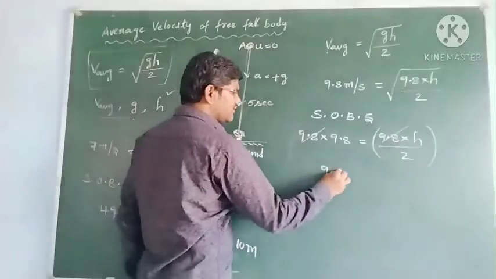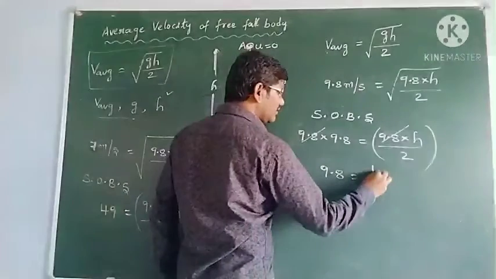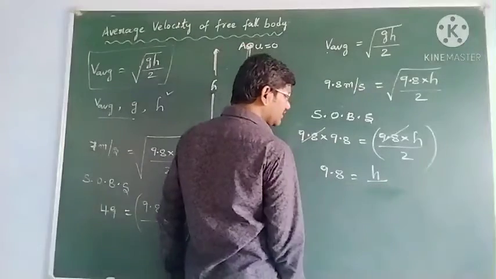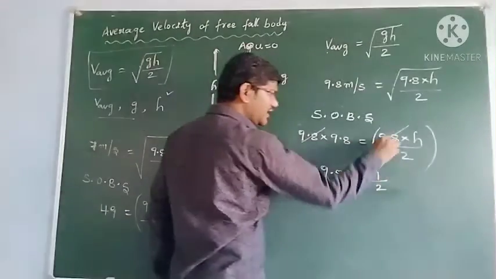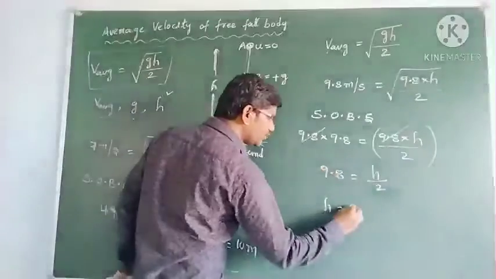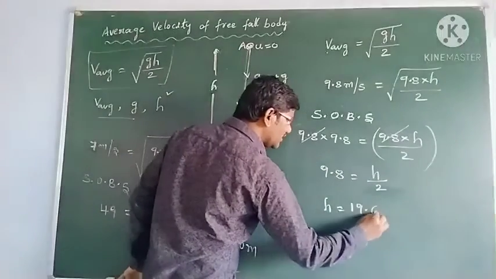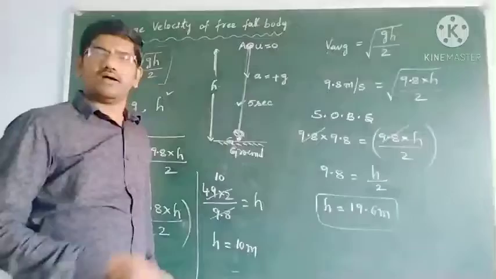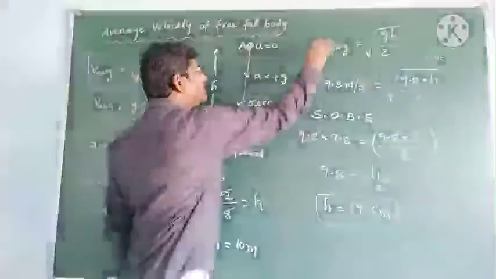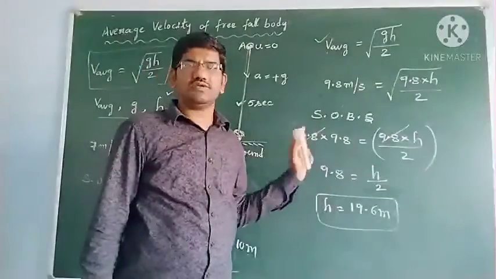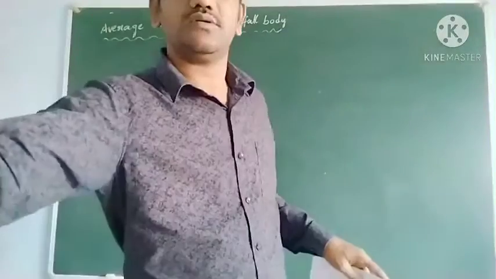So what is left students? 9.8 and h by 2. Then do multiplication, h is equal to 2 into 9.8, we will get 19.6 meters. That is the height fallen when it gains an average velocity of 9.8 meters per second. Like this you can do average velocity problems.